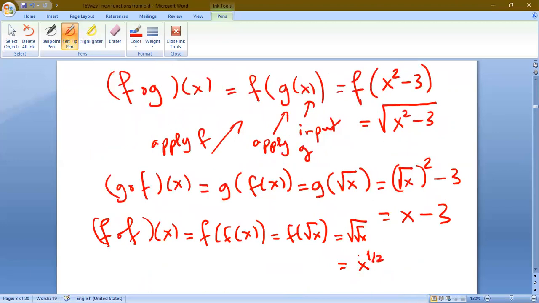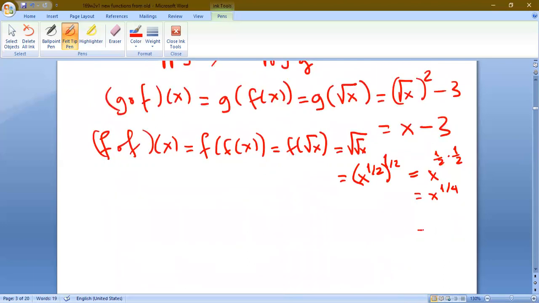Square root is power 1 over 2. Another square root is also 1 over 2. So if we have power over a power, we multiply the powers. And that gives us x to the 1 over 4. So this is equal to 4th root of x. And this is f of f of x.